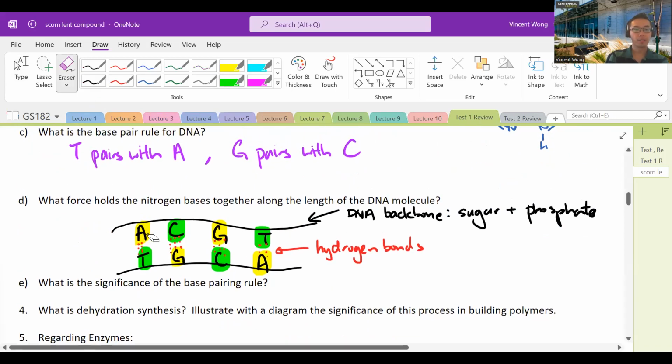So if I take a purine and a pyrimidine and I bond them together, this is always going to be 3 rings wide. We want to maintain a consistent width along the entire length of the DNA.